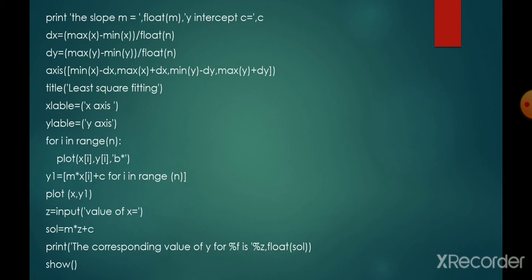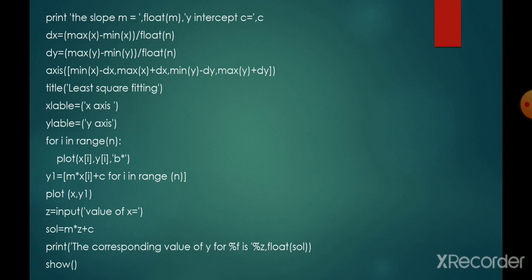Then dy equal to max of y minus min of y by float n. Similarly to the equation for x, x is min of x minus dx, max of x plus dx, min of y minus dy, and max of y plus dy, and put the title as least square curve fitting, and also put x label equal to x axis, y label equal to y axis for in range of n.